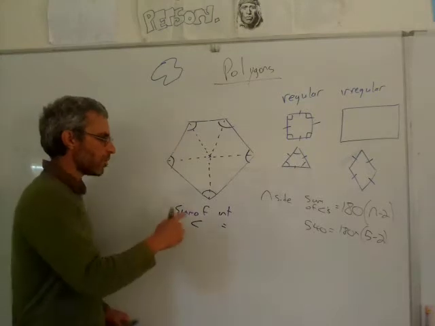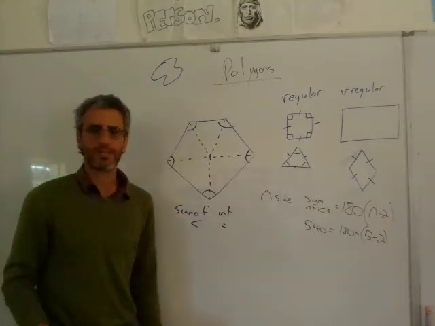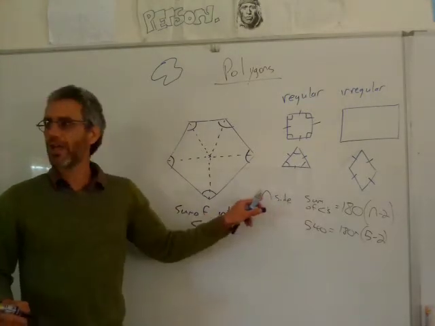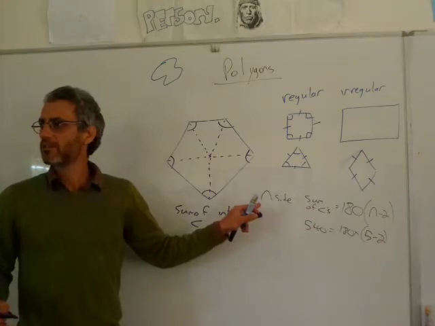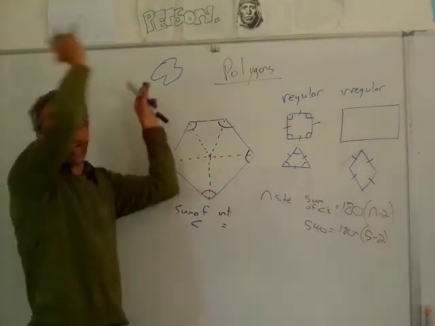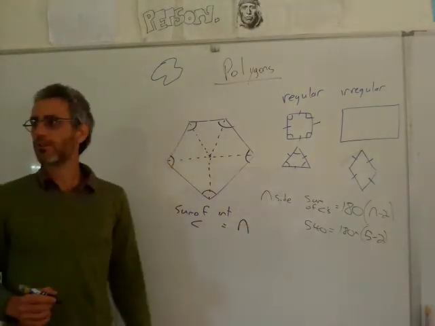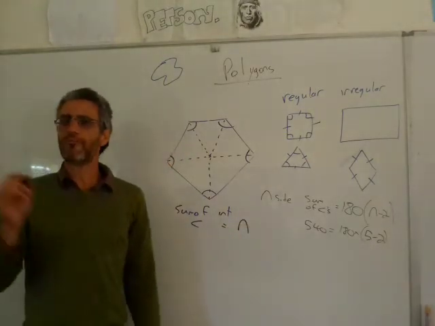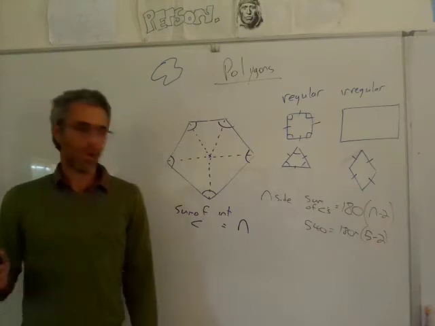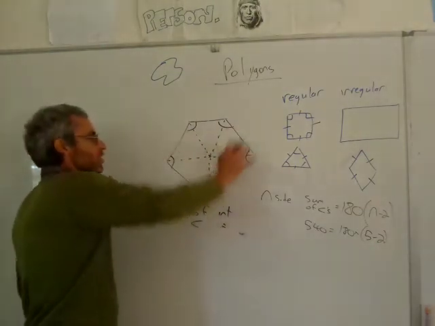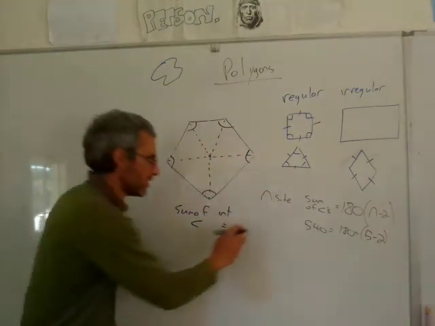In other words, in an n-sided polygon, we're going to have n triangles. What's the sum of angles in a triangle? 180.